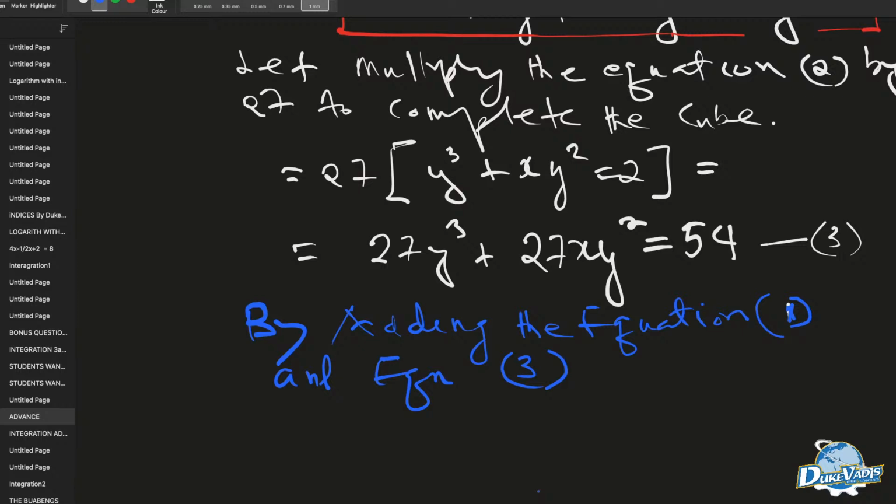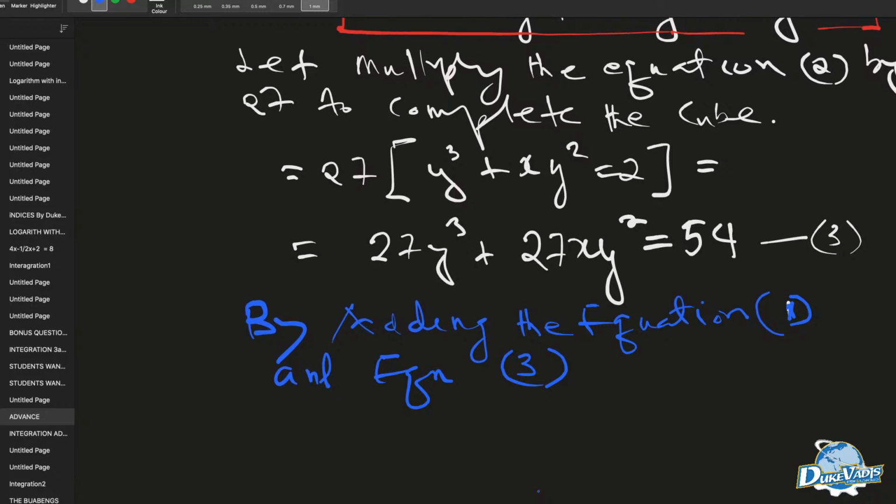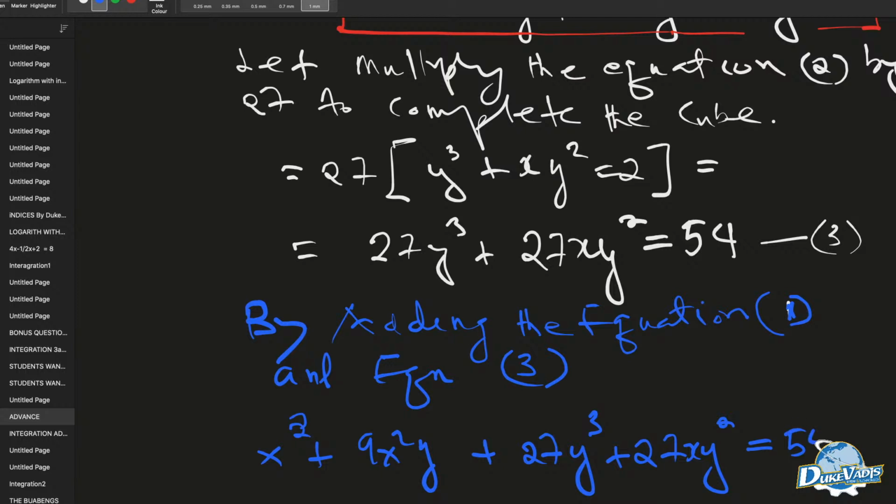Okay, so what are we going to get? We're going to get x cubed plus 9x squared y, plus 27y cubed plus 27xy squared, and 54 plus 10.